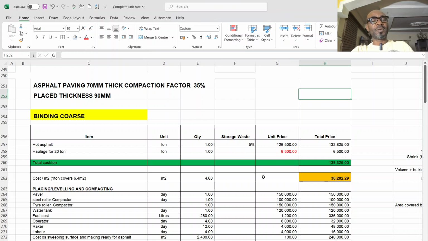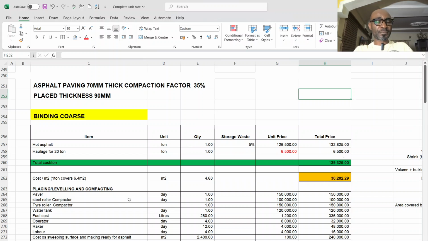And we are going to be building up rates for asphalt. We are going to look at the binding course and the wearing course. In this video, we are going to build up a rate for the binding course of 70 mm thick, while we're going to build up a rate for the wearing course for 50 mm thick.